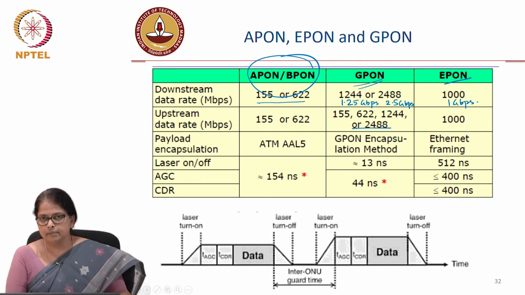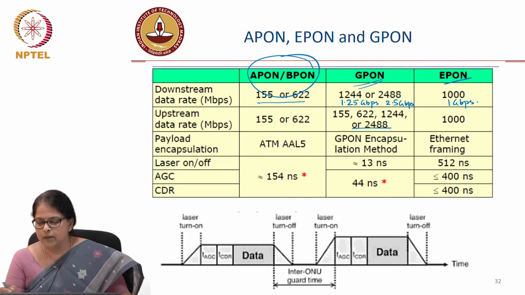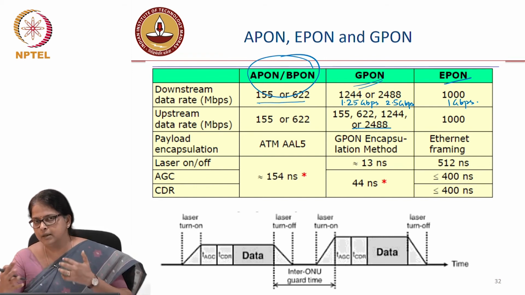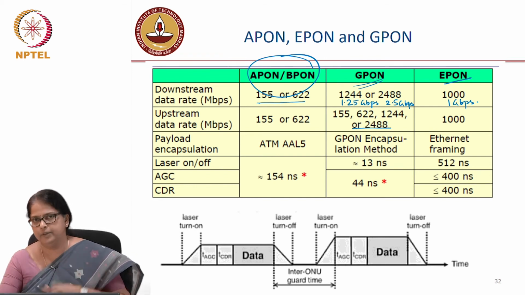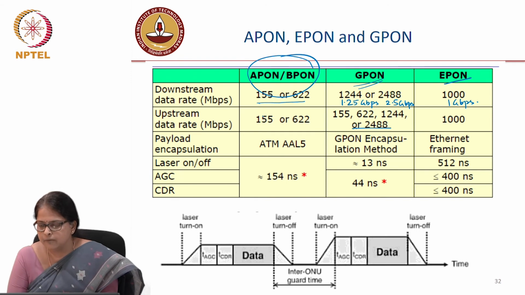Because of this interoperability requirement, essentially all these data rates should be multiples of each other. The upstream data rate, in the case of EPON, is symmetric, both are 1 Gbps. The downstream and upstream data rates are slightly different in GPON.